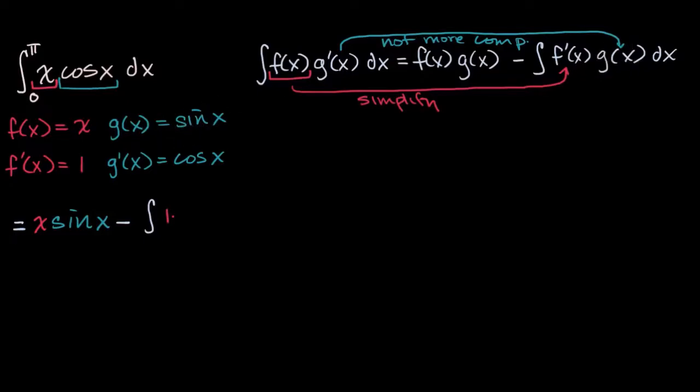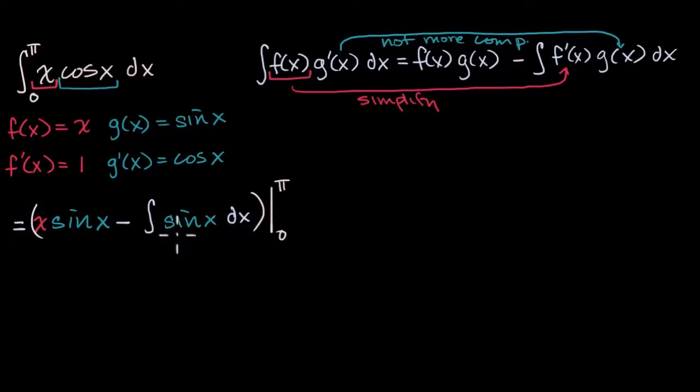G of x is sine of x. But 1 times sine of x, well, we could just rewrite that as sine of x. It'll make it a little bit simpler. Sine of x dx. And then remember, this is a definite integral. So we are going to want to evaluate this whole thing at pi and at 0, and then take the difference between the two. But what is the indefinite integral of sine of x dx?